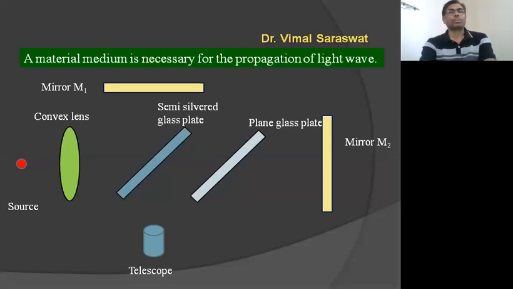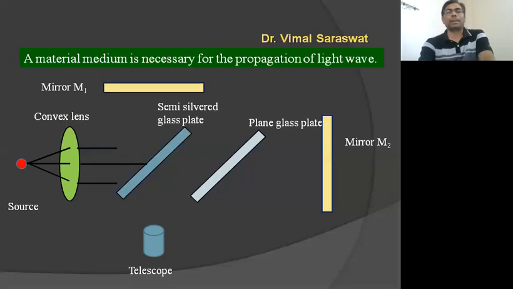Now the source is placed at the focus of the convex lens, so when the light ray comes from the source, it becomes parallel after refraction from the convex lens. So these are parallel rays. These rays fall on the semi-silvered glass plate.